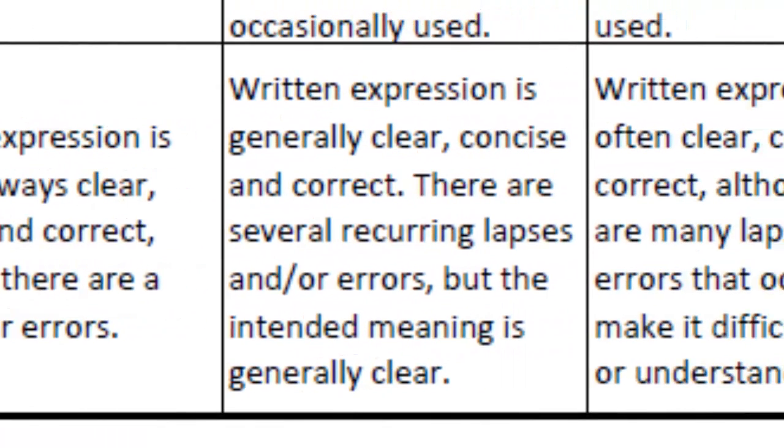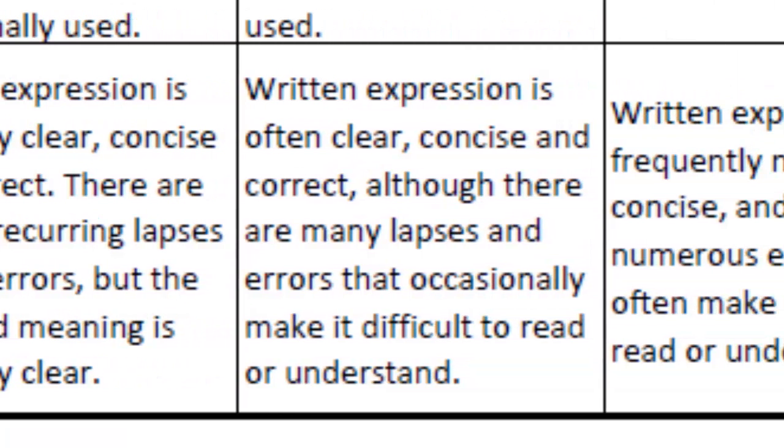A credit means that there might be some recurring lapses, but generally the meaning is quite clear. And a pass means that it's mostly understandable, but there might be quite a few lapses, and occasionally it's a bit difficult to understand exactly what you're saying.